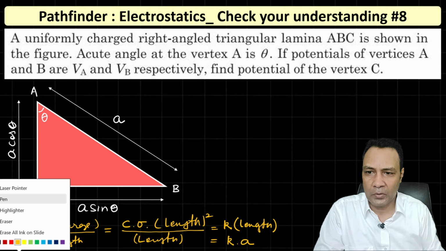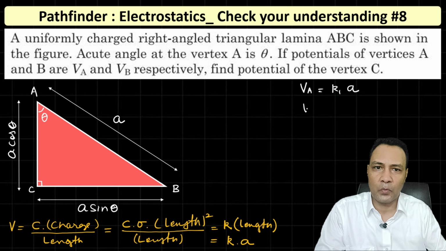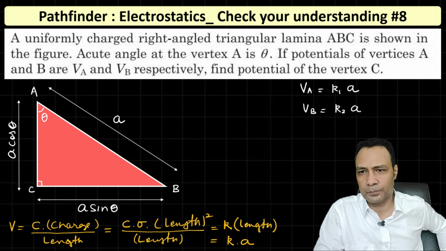If I want to write potential at A, that K would be different. So potential at A, VA, I am writing as KA, or simply K1 into A, and potential at B I can write as some other constant K2 into A. Now remember one thing.